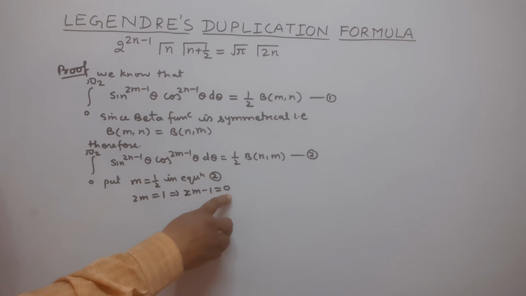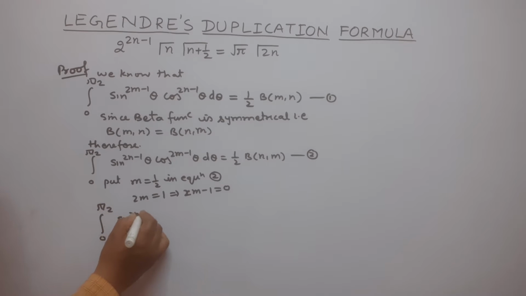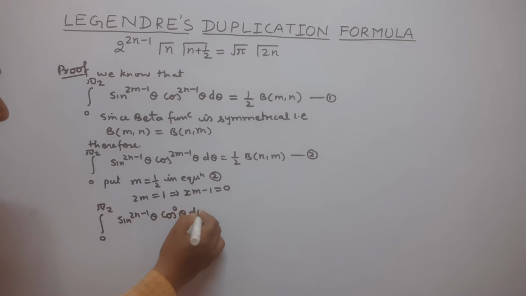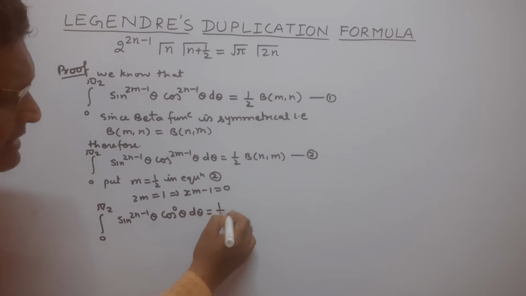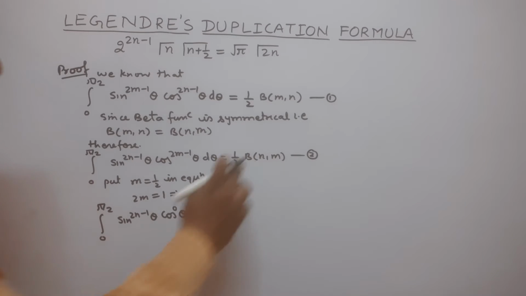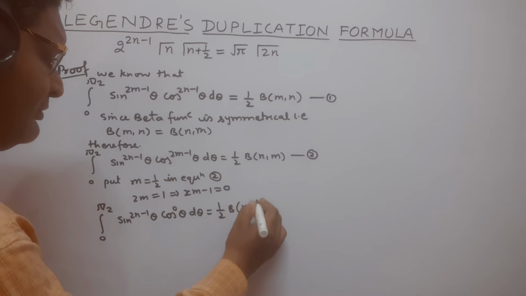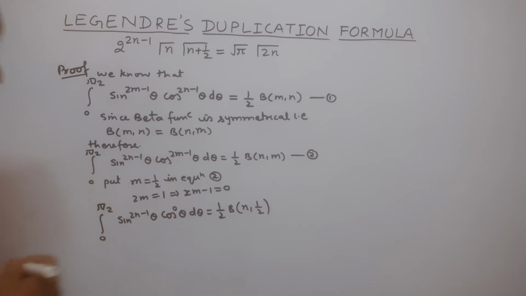Now we put here in the power of cos theta, in place of 2m minus 1, we put 0. So the integral becomes sin to the power 2n minus 1 theta and cos to the power 0 theta d theta, and on the right hand side we put m is 1 by 2 in place of beta n m.